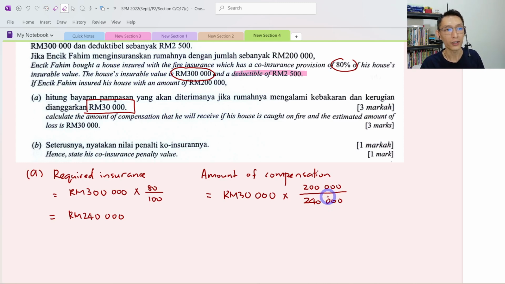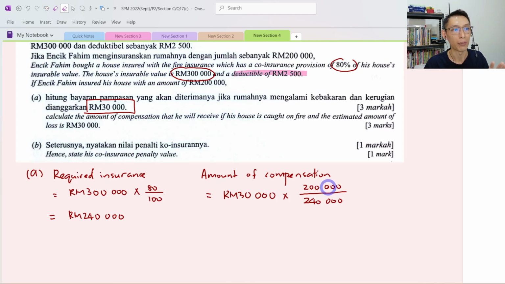Why do we do it this way? It's like you take 30,000 and break it into 240,000 parts. But because Injay Fahim only insured his house with an amount of 200,000, the insurance company will only pay 200,000 parts out of 240,000 parts.